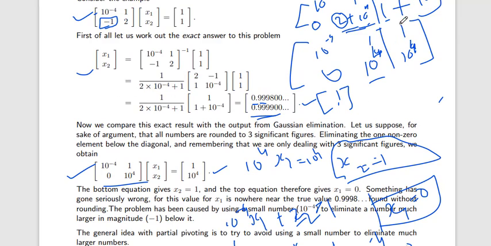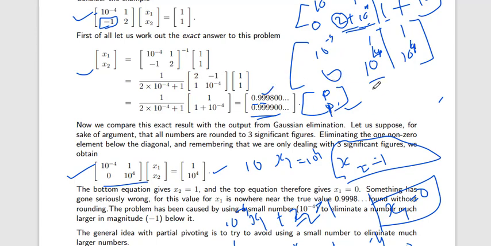Okay, so now here, 1 and 0. With the help of Gaussian elimination we identify the answer as x1 is equal to 0 and x2 is equal to 1. Here both have 1 and 1.